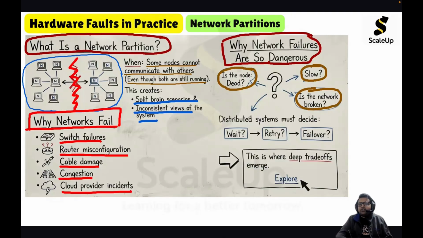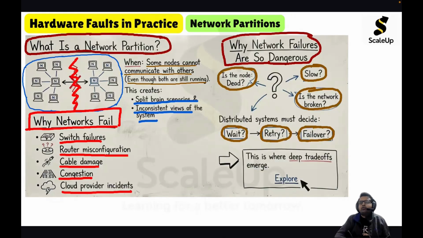That's why distributed systems must decide whether they should keep on waiting. We cannot keep on waiting forever, because if the network is broken, there is no chance that we will receive the packet. So how much to wait is a decision criterion we have to fix, and we should keep on retrying, but only to a certain extent. And how do we decide on failover, or whether the network is broken?